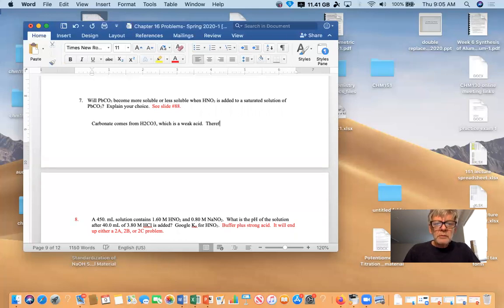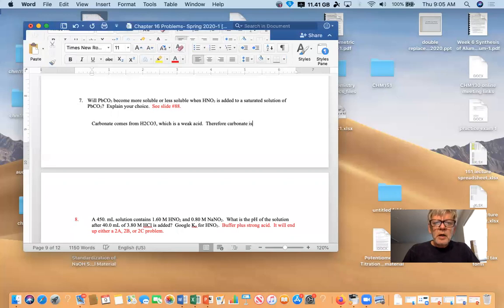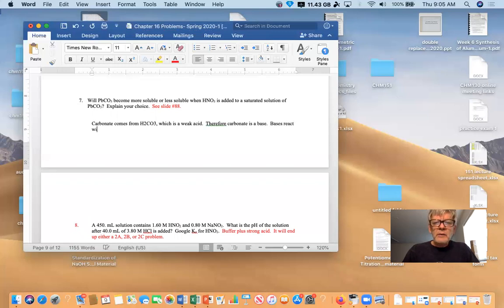Therefore, carbonate is a base, and bases react with acids. So if we add a strong acid, it's going to eliminate some of the carbonate. And according to Le Chatelier's principle, that's going to drive the reaction towards the decrease, and our lead carbonate will become more soluble.